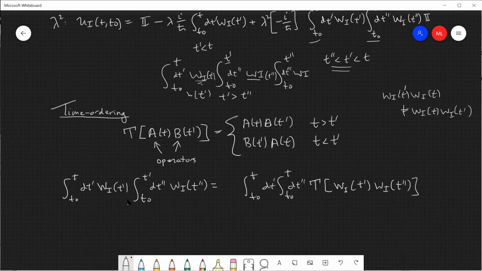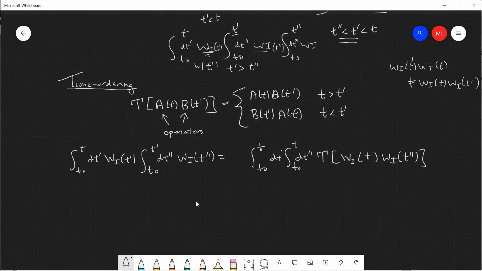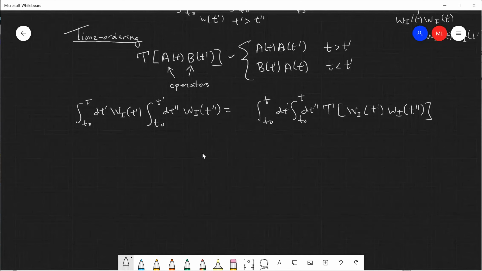And if you think about the integration plane, so this is the t double prime and this is t prime.